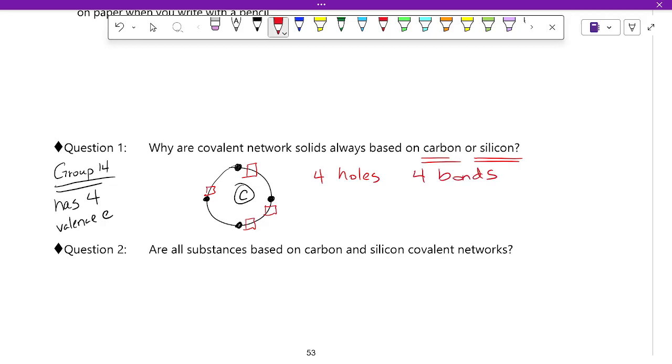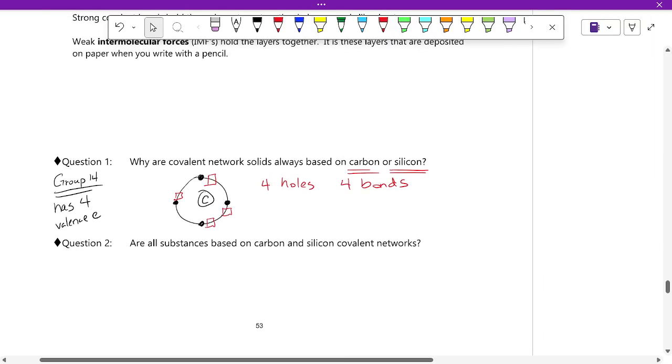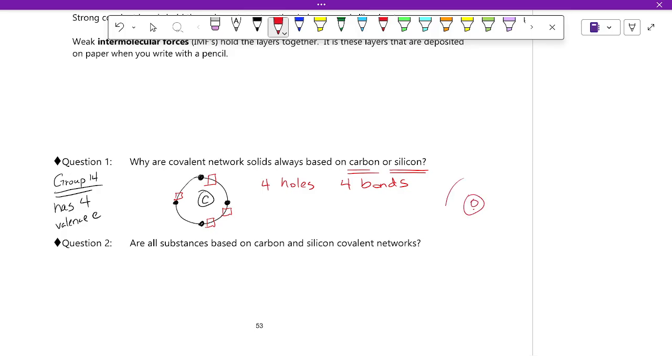That means that carbon can attach to 4 neighbors by covalent bonds, whereas oxygen, if we just had oxygen, here's oxygen. 1, 2, 3, 4, 5, 6.